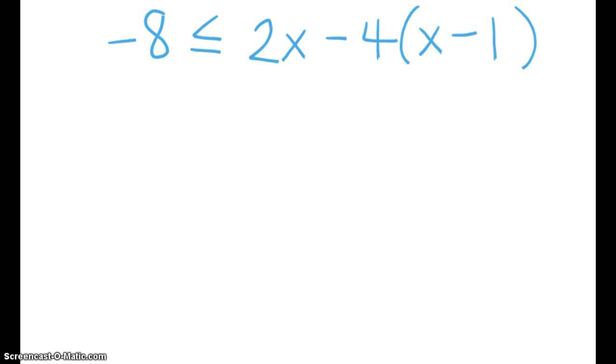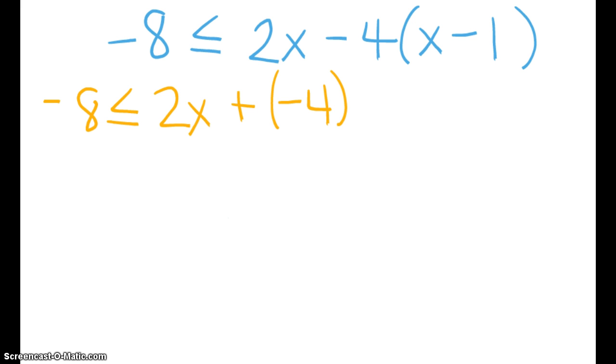Now I'd like you to write this problem down and solve it, and then we will go over it. So the first thing that I'm going to do is rewrite it so that I have only addition. Now I'm going to put my parentheses around the negative 4 just to separate the negative from the positive.